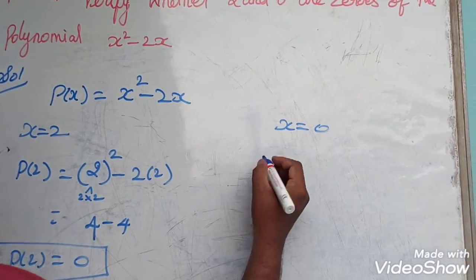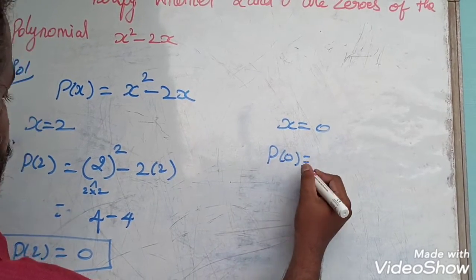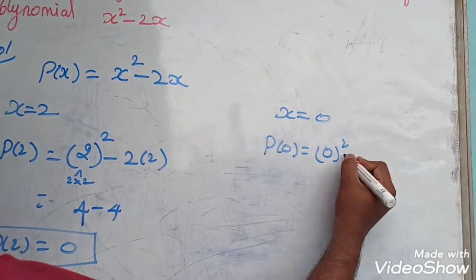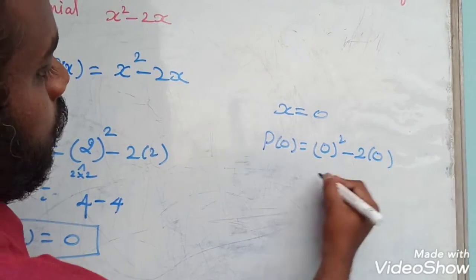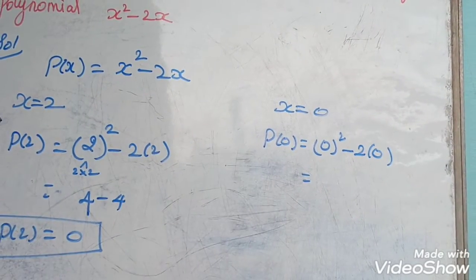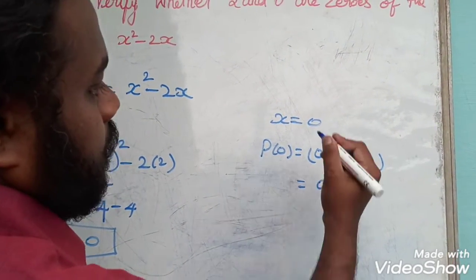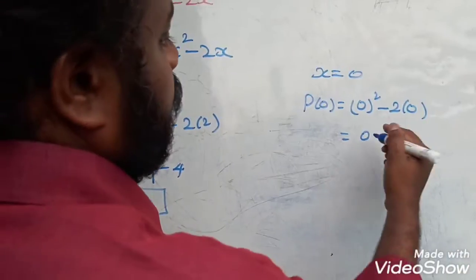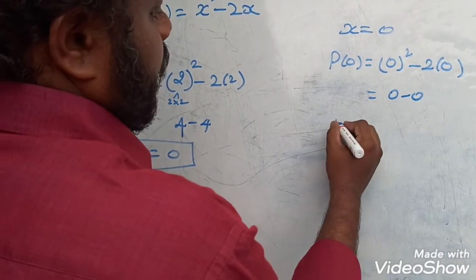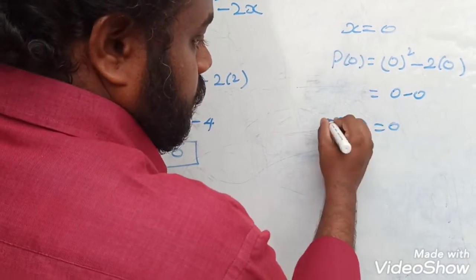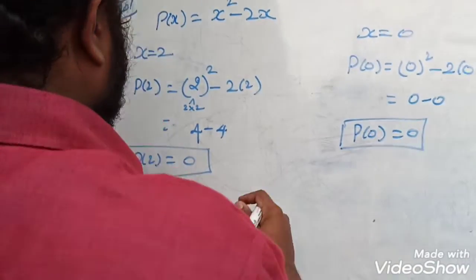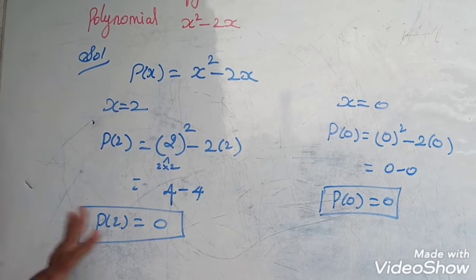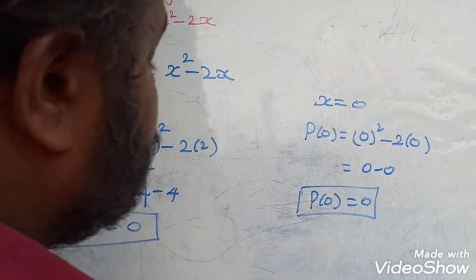So next we move on to p of 0. So 0 whole square minus 2 into 0. However many times we multiply 0, we get 0 only. Any number multiplied with 0, we get 0. You subtract. So p of 0 is also equal to 0. When we substitute 2, we get 0. When we substitute 0, we get 0.